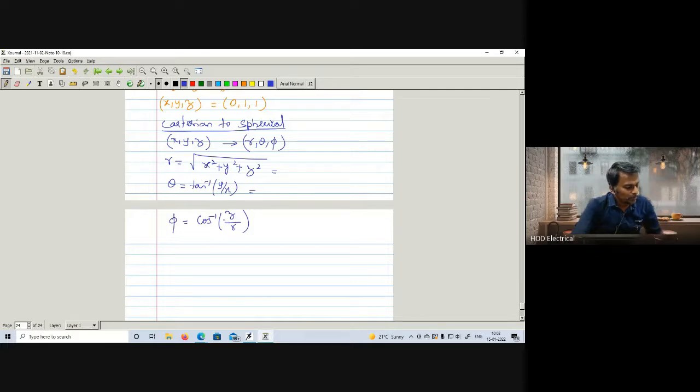So now we can directly write this. How to do that? r is equal to the square root of 0 square plus 1 square plus 1 square. Therefore r is equal to root 2. Then theta is equal to tan inverse of 1 by 0, therefore tan inverse of infinity, that is pi by 2. Then phi is equal to cos inverse of z by r, which is 1 divided by root 2, that is 45 degrees.